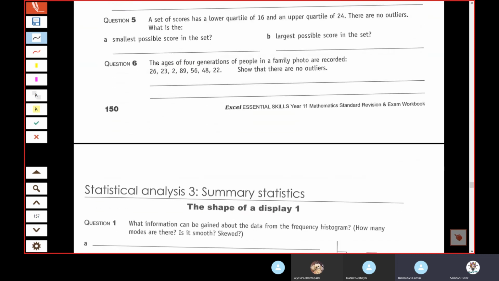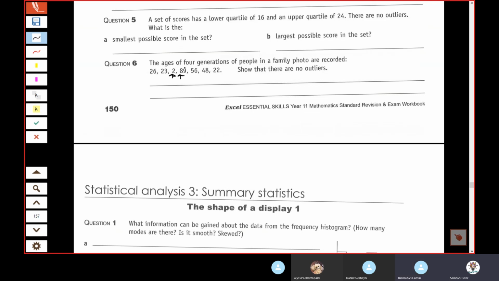Okay, so here, the ages of 4 generations of people in a family photo are recorded: 26, 23, 2, 89, 56, 48, 22. Show that there are no outliers. The outliers could have been the 2 and the 89, but I'm guessing the 2 would not be less than Q1, and 89 would not be greater than Q3 plus 1.5 IQR.